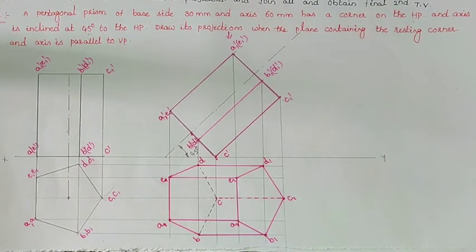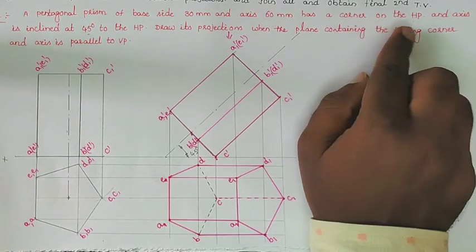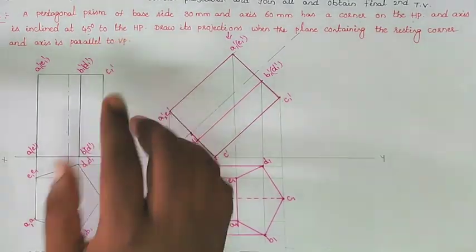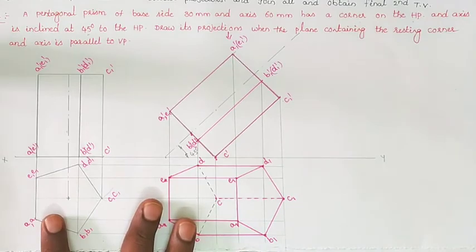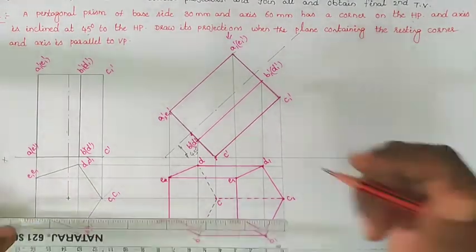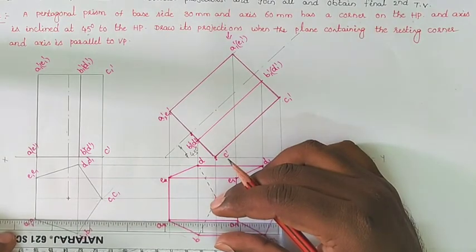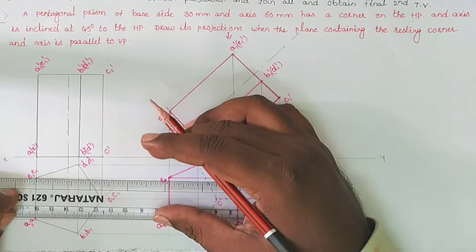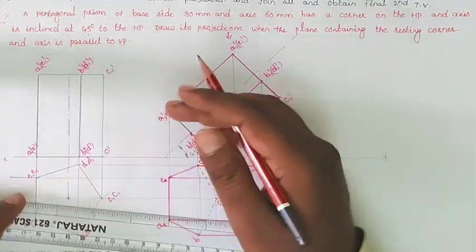When the axis is inclined to the HP, we will draw the projections like that. So when a corner is on the HP and the axis is inclined at 45 degrees to the HP, we will draw the projections in two stages. In the initial stage, we assume the axis perpendicular to the HP and draw the first top view as the base, with the given corner, so the shape of the diagram is like that.